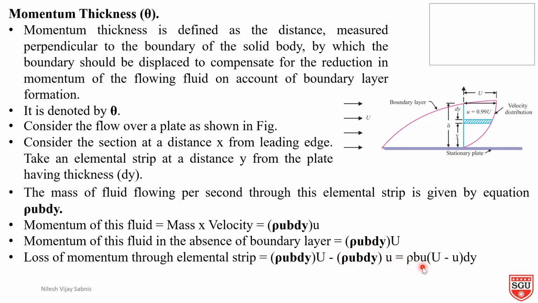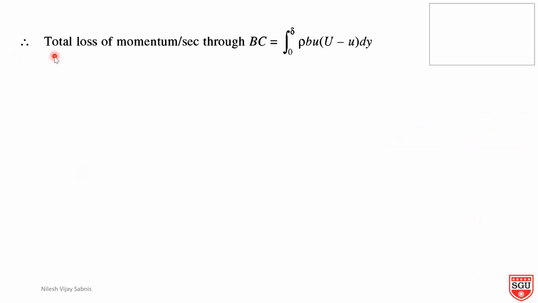Taking the common things out, rho b u are common, into the bracket capital U minus small u into dy. Then the total loss of momentum per second through BC will be equal to integration 0 to delta rho b u into bracket capital U minus small u dy.